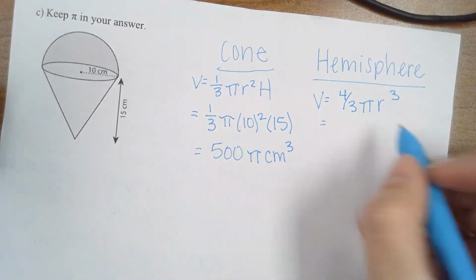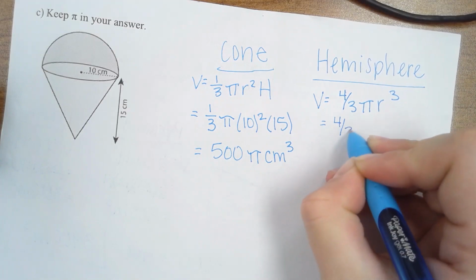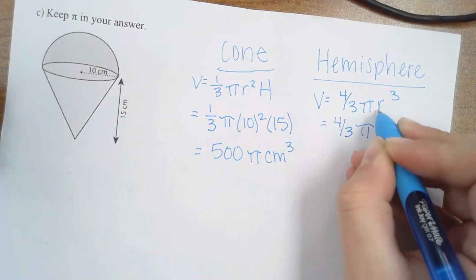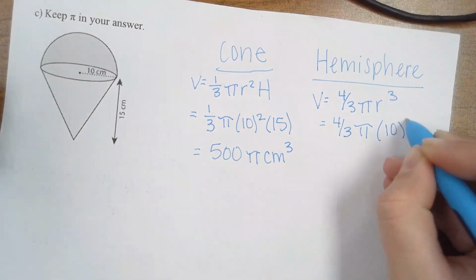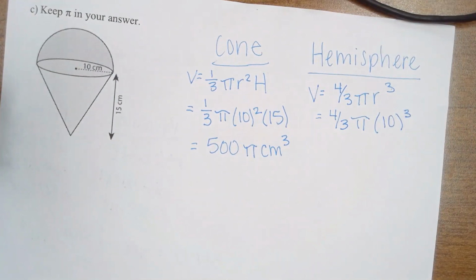Again, we're going to leave pi in our answer, so we are going to take 4/3 times our radius cubed. Our radius is that 10. All right, and now we're just simplifying. If we take 10 cubed, so 10 times 10 times 10, that is 1,000. Then take that 1,000 times your 4/3, and that will give you 1,333.3 repeating.